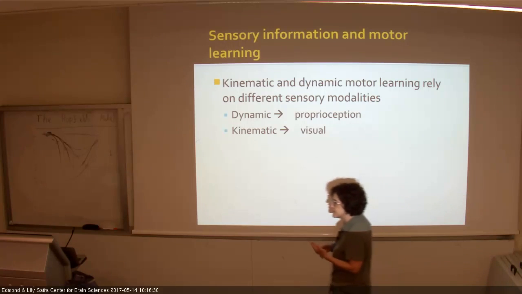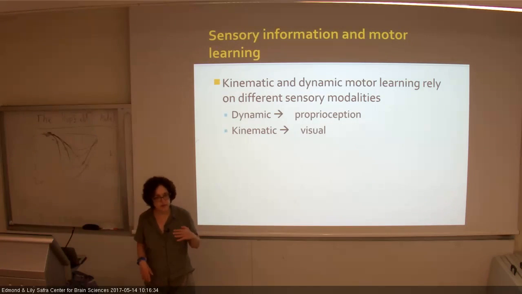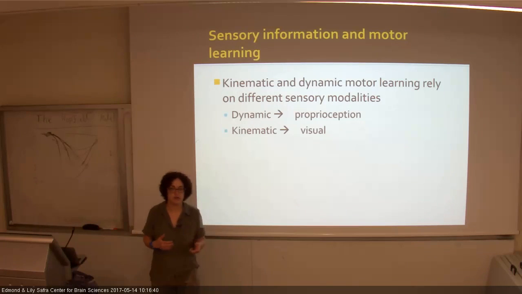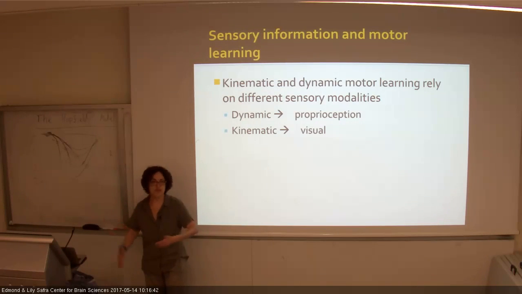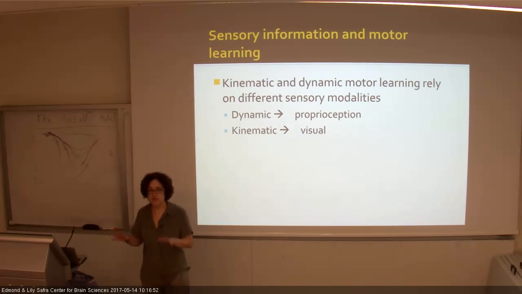So internal models can be adjusted using visual feedback or proprioceptive feedback. And we can learn new maps of coordinate frames, kinematics, or dynamic components using feedback. The system is very, very learnable. The motor system can learn new maps very fast and can change the internal models.